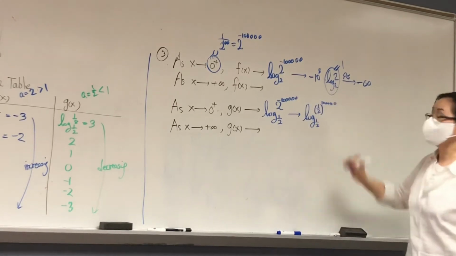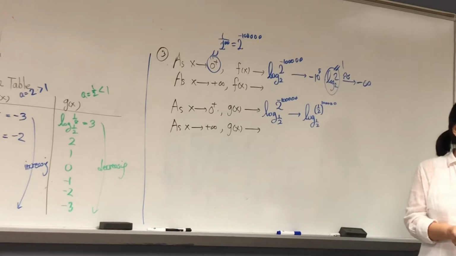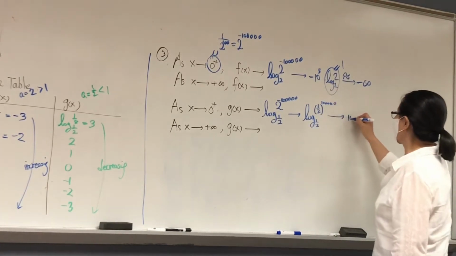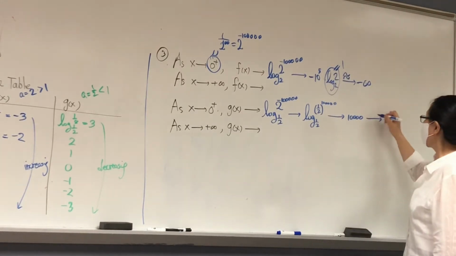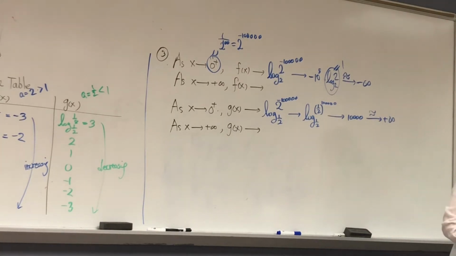Am I right? Because negative goes to 1/2. And then 100 in front, like this. So it is approximately going to positive infinity. Everybody follow me? So you have to get the idea.